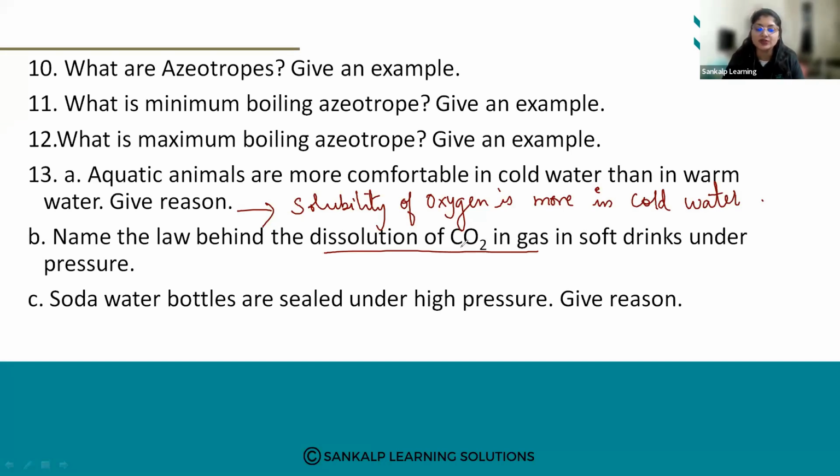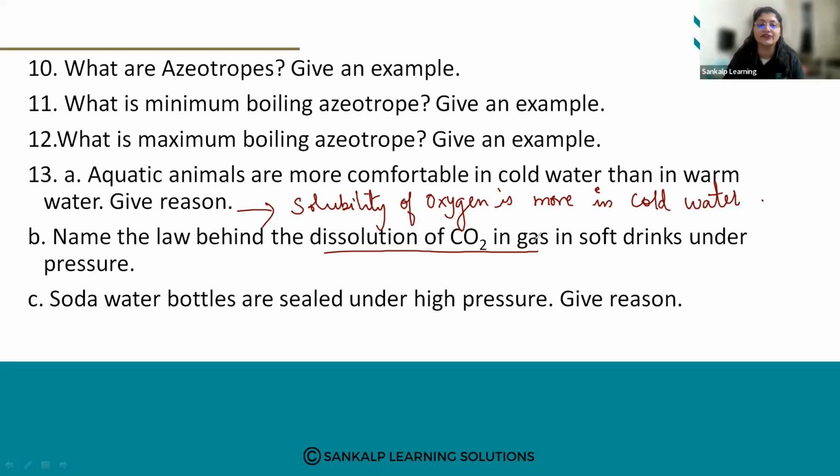What do you mean by dissolution of carbon dioxide? Due to high partial pressure of carbon dioxide, what will happen? The amount of dissolved carbon dioxide is very high in soft drinks. You know that this carbon dioxide gas is compressed in the soft drinks, in aerated drinks.